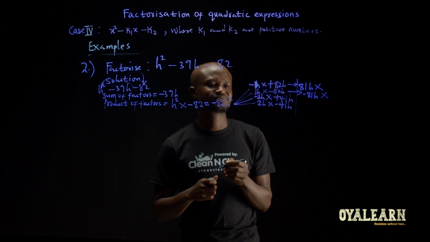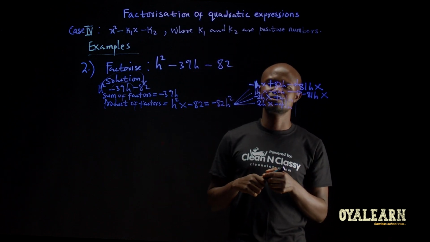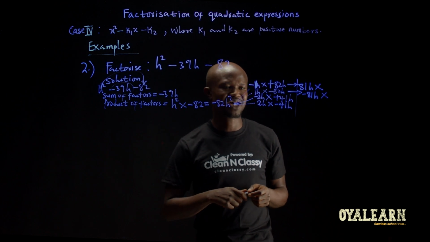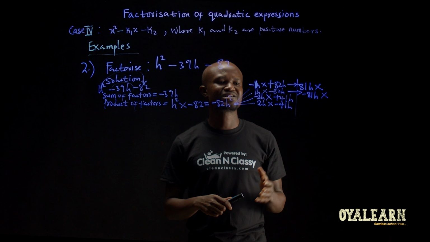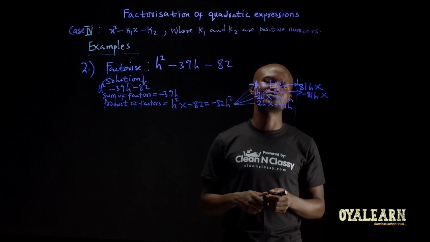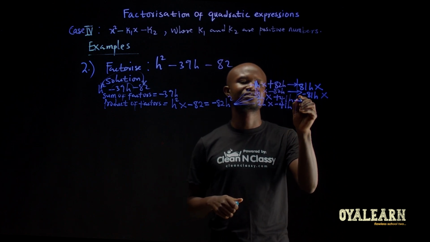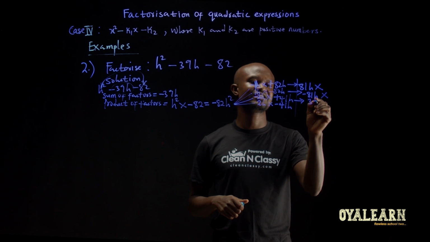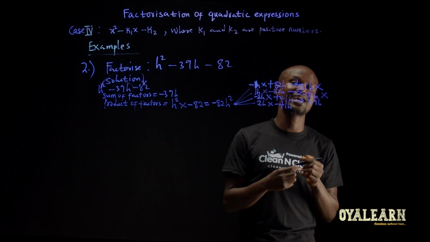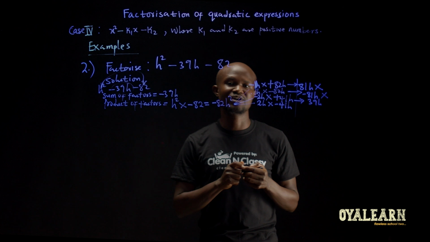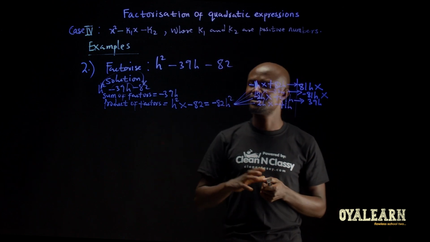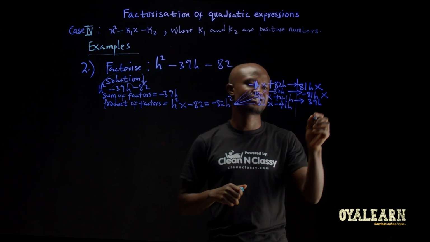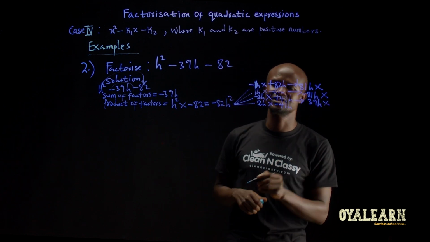Now let's check. Minus 2 plus 41. Minus 2 plus 41 is the same thing as 41 minus 2. And that will give us 39h. That is 41h minus 2h will give us 39h. And the sum of factor condition is minus 39h. So this is out of it.